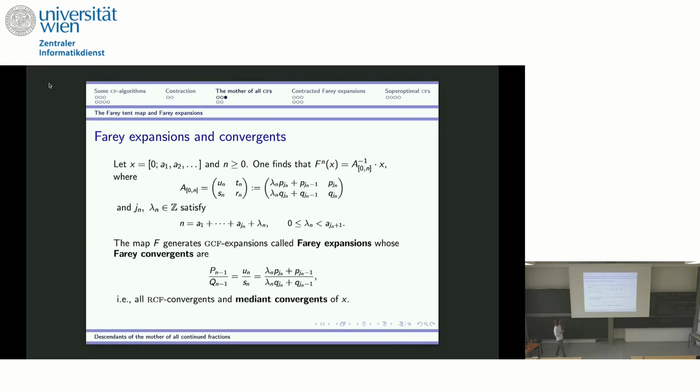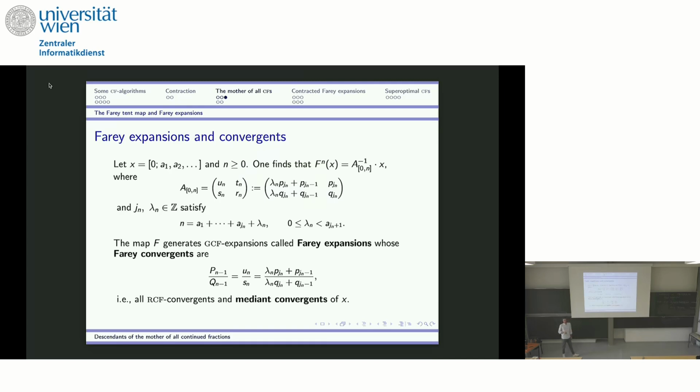And one can show that the Farey expansions, so the continued fraction expansions generated by this Farey map, the convergents, which we call Farey convergents of these expansions, are precisely the left-hand column of this matrix A_0^n here. Okay? So the quotient of the left-hand column. So I'll denote this by u_n over S_n for the n minus first Farey convergent, and this is precisely a fraction of this form.